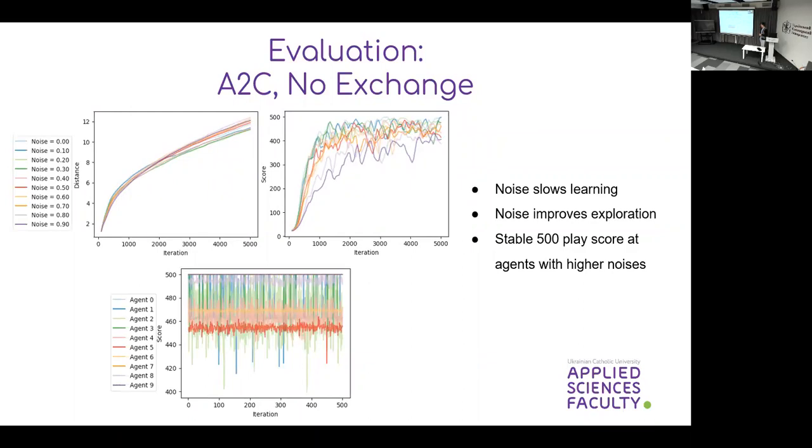And here we can see the results that we've obtained. These results are the aggregation of 10 iterations of the noise learning. Here we can see the results of the A2C agent with no exchange.